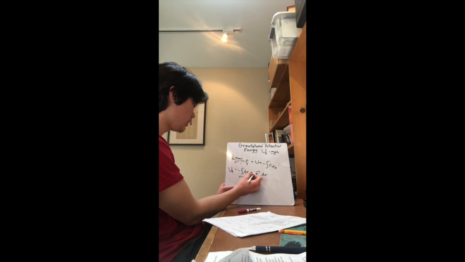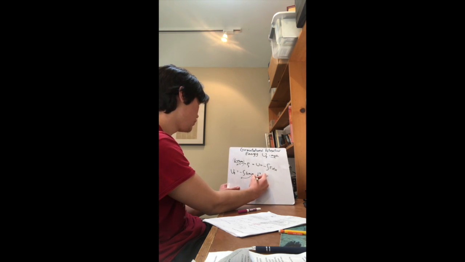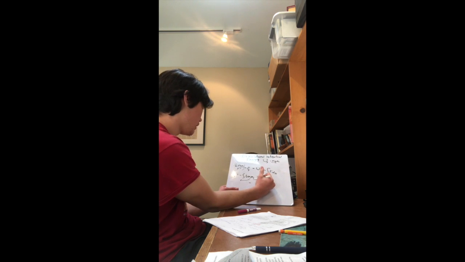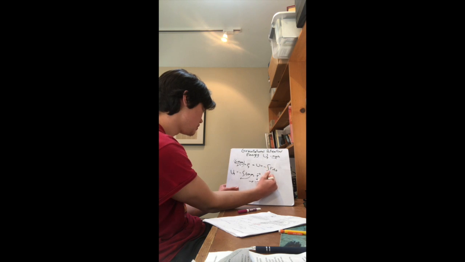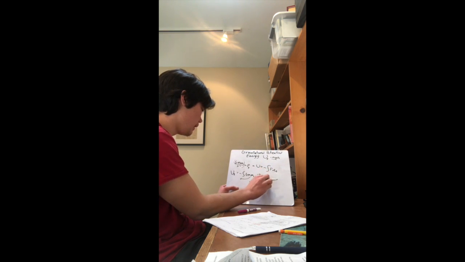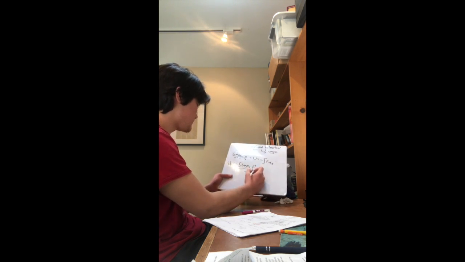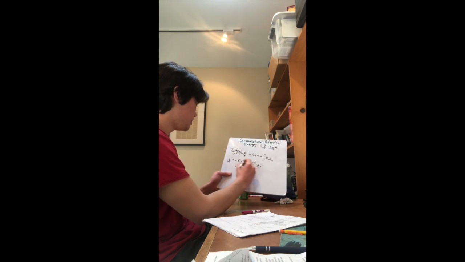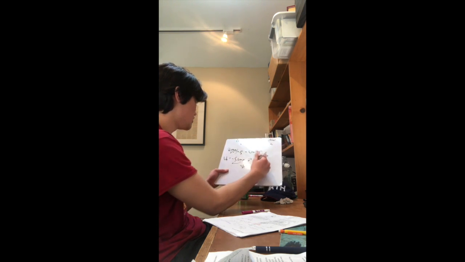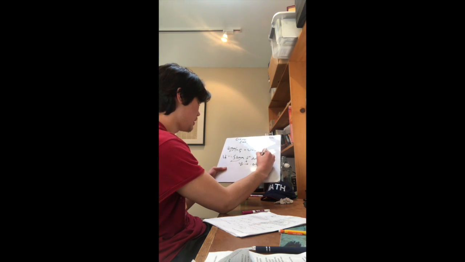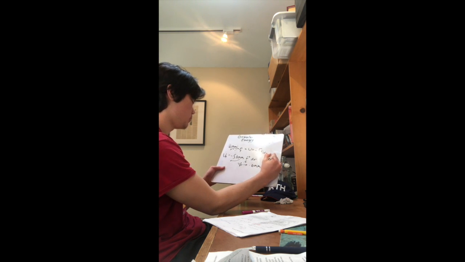So we're really just integrating r to the negative 2, which by the power rule just becomes negative r to the negative 1, so negative 1 over r. And we plug back in, this all goes out to the side, so it all becomes negative G m1 m2 times 1 over r.